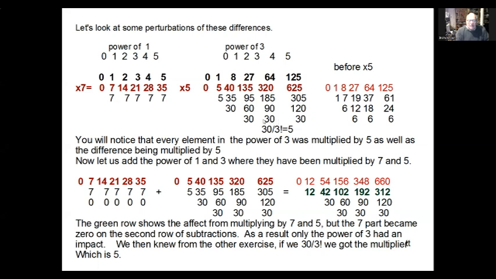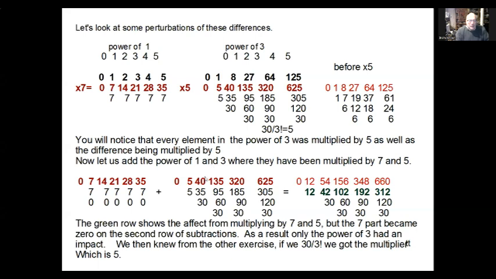Well, we remember when we didn't multiply by 5, we got 3 factorial, or 6, at that line. And 30 divided by 6 is 5. So this gives us a way of determining what number that difference was multiplied by.